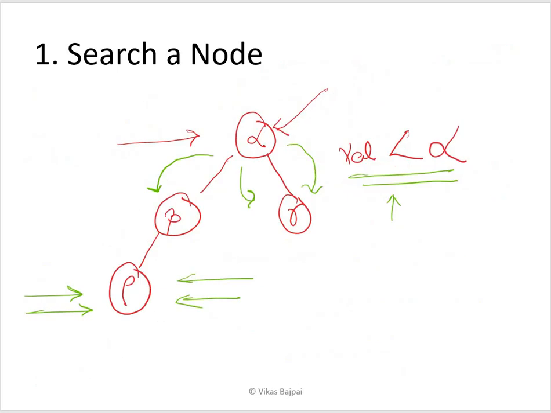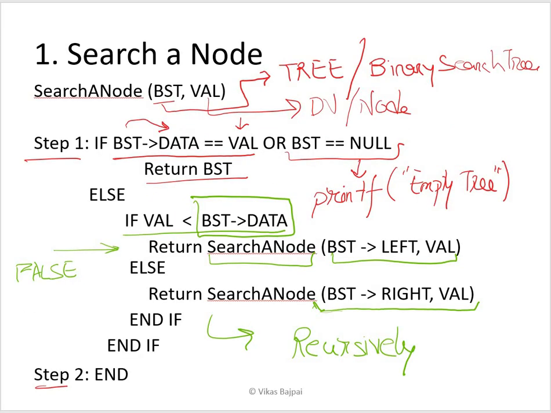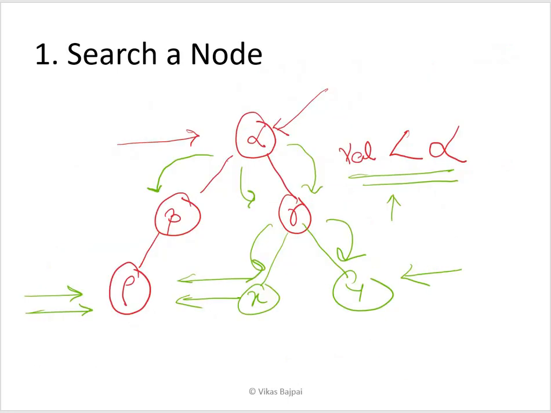So there is a possibility that I may have some values here. So in that case also I'll keep on moving towards left or right based on the particular values, right? Writing the code for this particular algorithm is comparatively very easy, and the implementation part is also very easy.